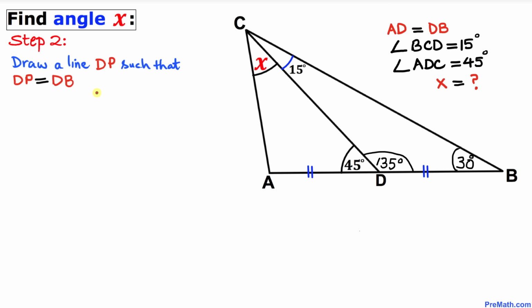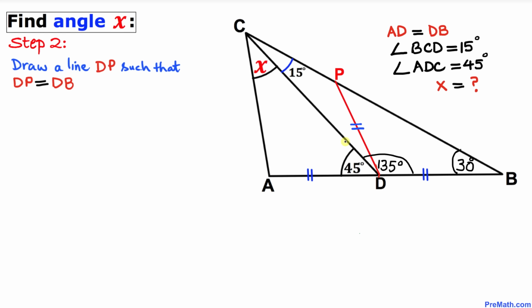And here's our next step. Let's go ahead and draw a line DP such that DP equals DB. Let's say there's some point P over here such that we connect this point P and D so that this line segment and this line segment are the same. And here's our much nicer looking diagram.